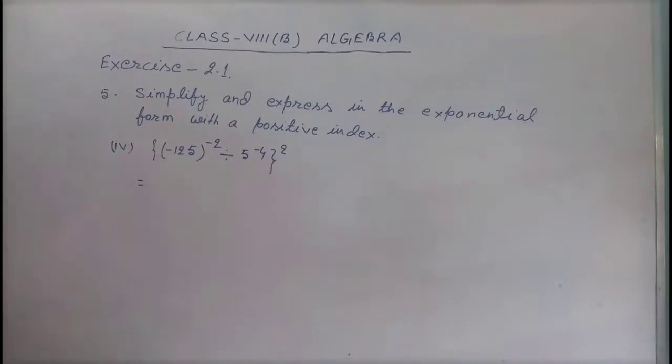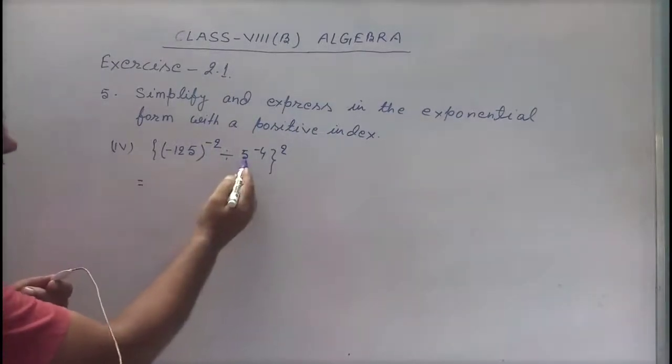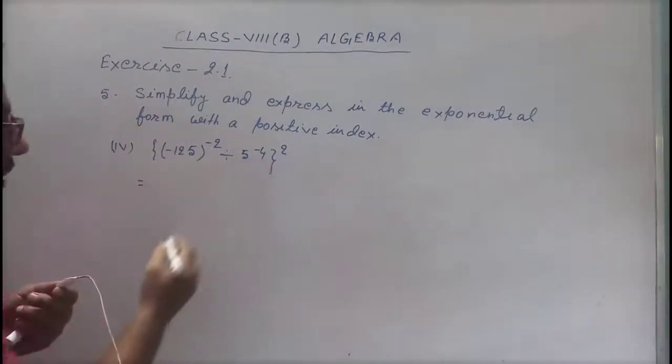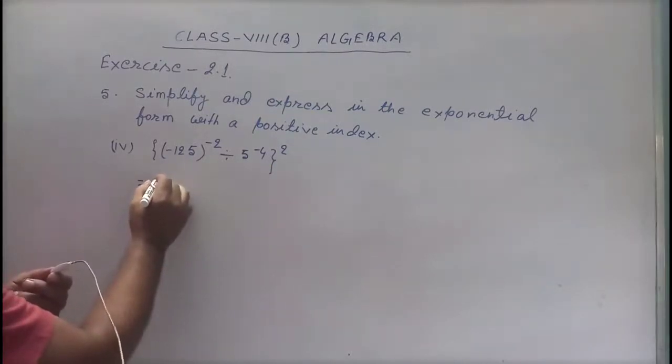Roman number 4, the question is minus 125 to the power minus 2 divided by 5 to the power minus 4 whole square. So this will change in the base of 5.